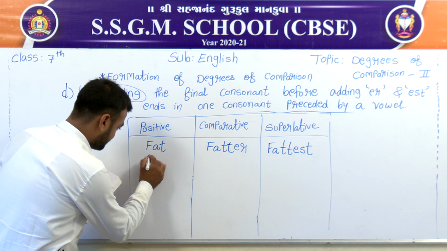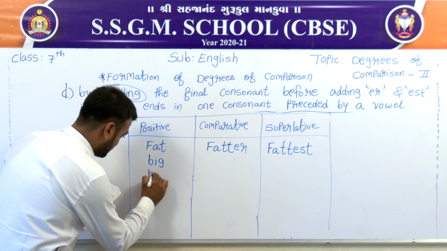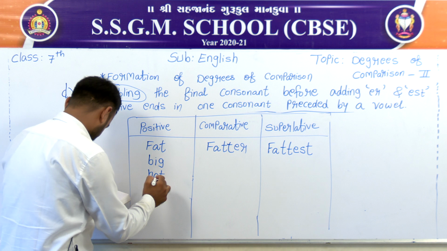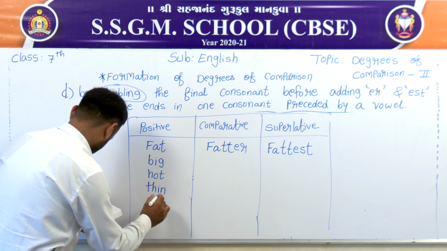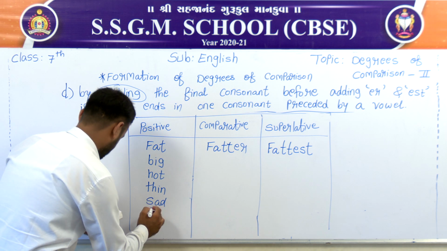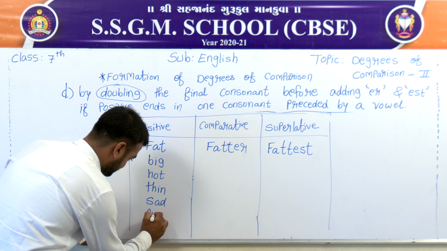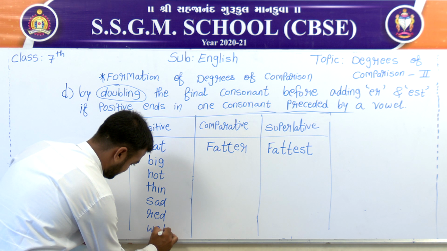So I am writing, let's say number 2 is big, number 3 hot, number 4 thin, number 5 sad, number 6 red and wet.